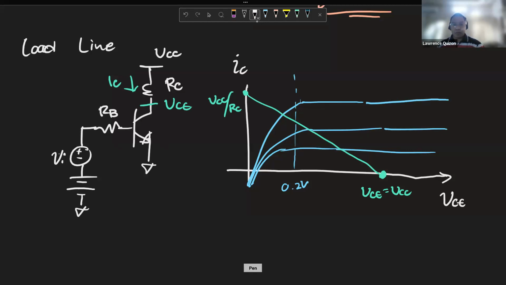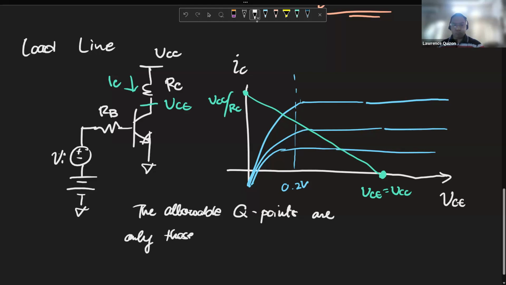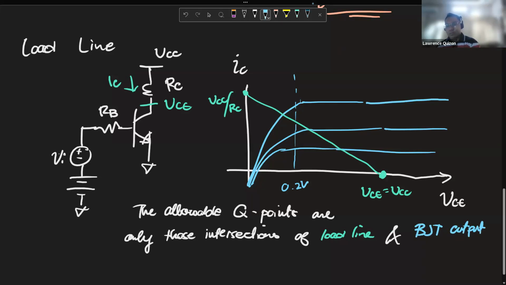So the allowable Q points are only those intersections of the load line and the BJT output characteristic.